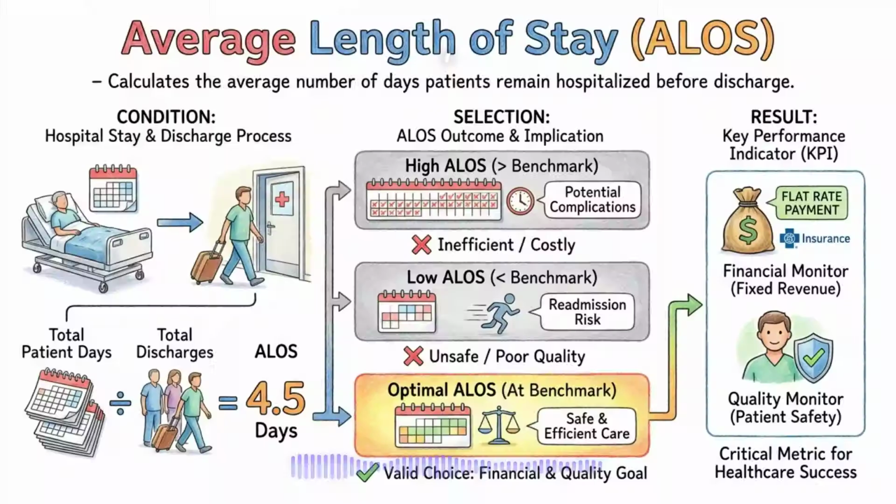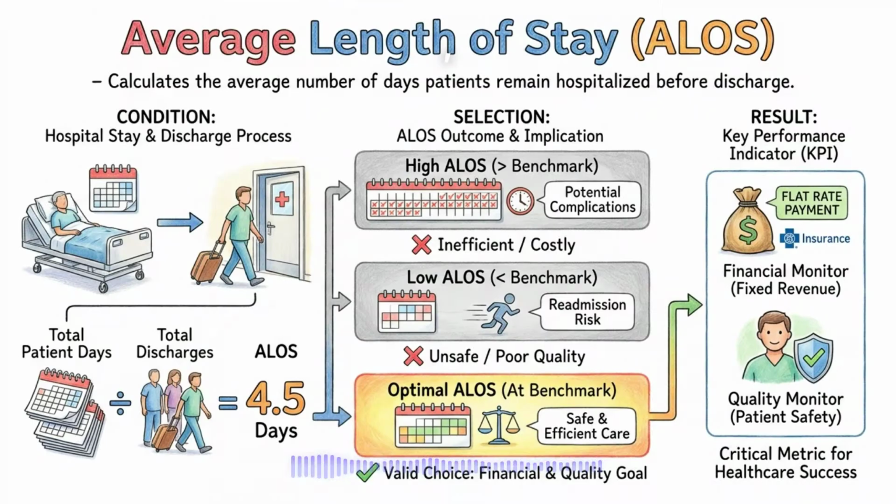One of the most famous and important KPIs in the entire healthcare industry is the average length of stay, or ALOS. This metric calculates exactly how many days, on average, patients remain in the hospital before being safely discharged back to their homes.